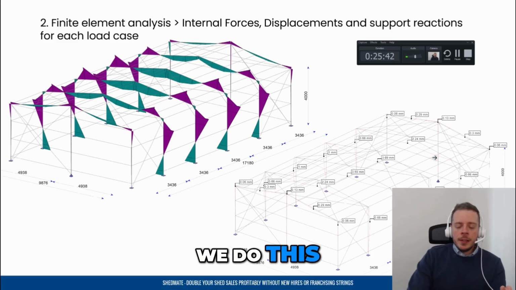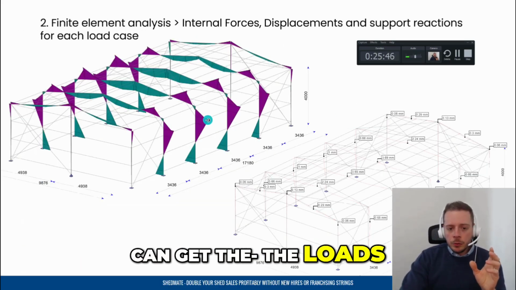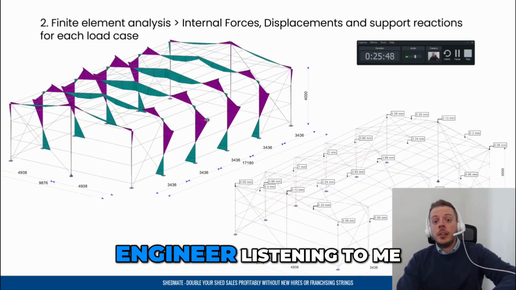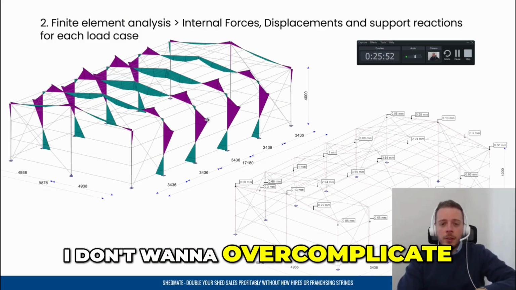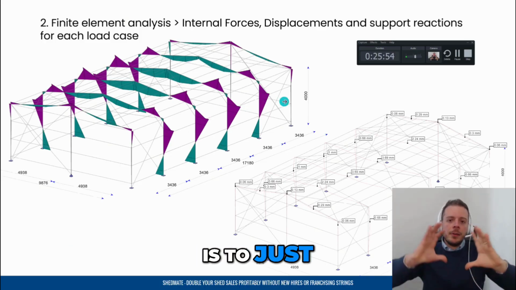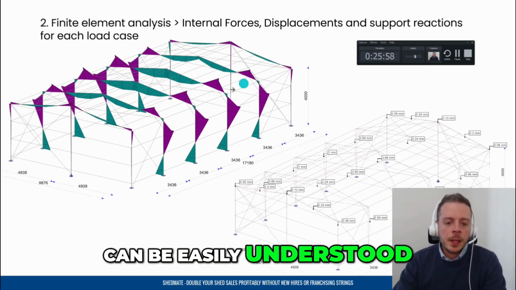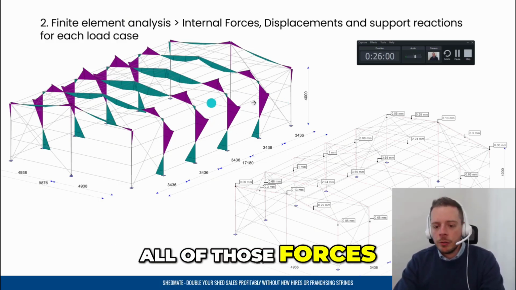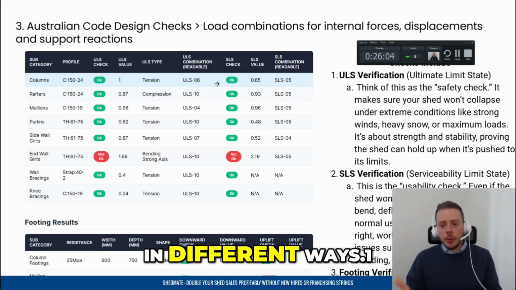So when we do this, then we go to the next step in which we can get the loads. And once again, if you are an engineer listening to me, you might say, oh, you're skipping a lot of steps. Yes, I don't want to overcomplicate. My goal here is to just present this to shed business owners in a way that can be easily understood. So when you get all of those forces and the displacements, then we can assess these in different ways.